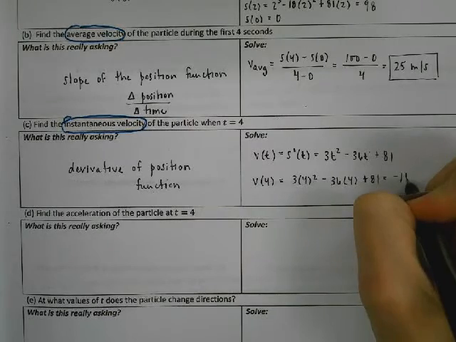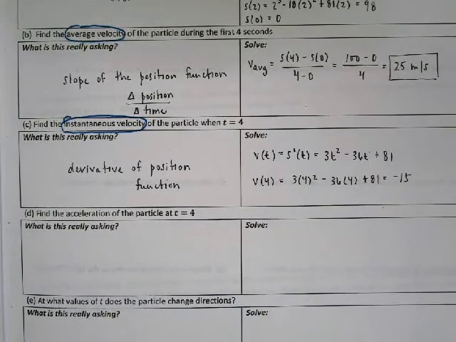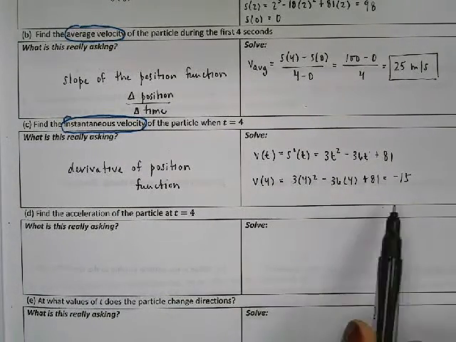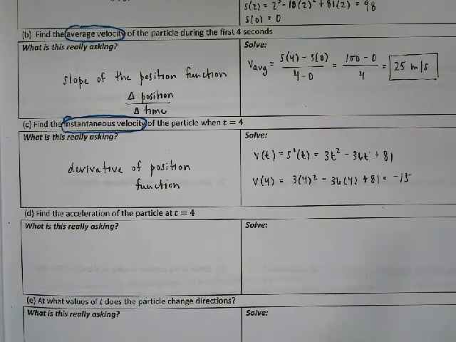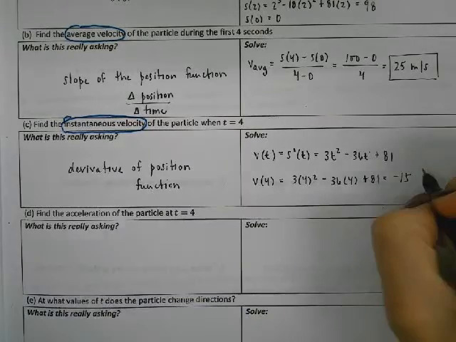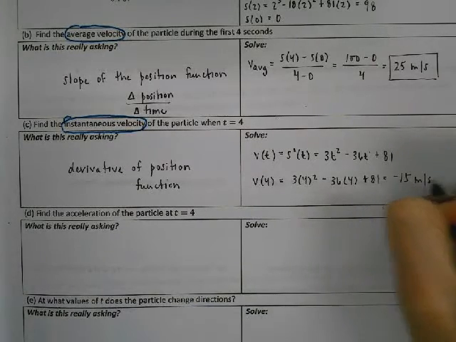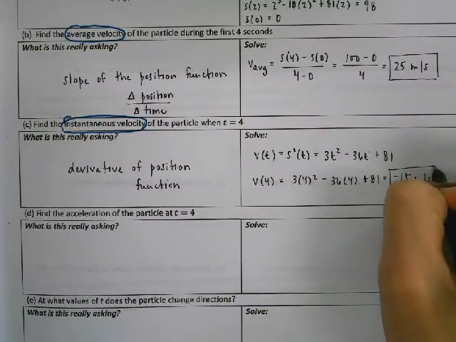It looks like I get negative 15. Since that velocity is negative, I know that I'm moving to the left at that point in time. Again, I have a rate here, so my units are meters per second.